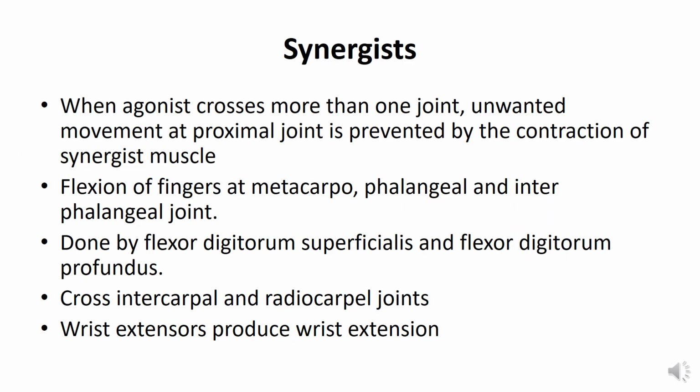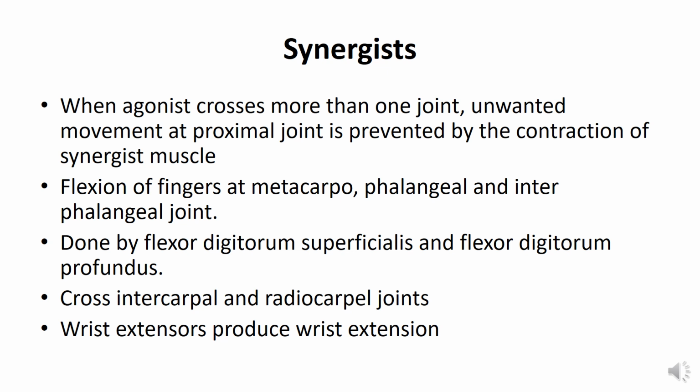So now synergists: they act when an agonist crosses more than one joint. Unwanted movement at the proximal joint is prevented by the contraction of synergist muscles, which act as partial antagonists of the prime mover.